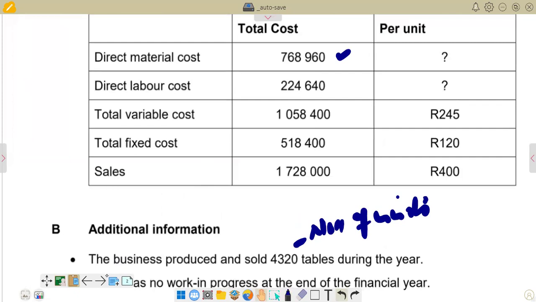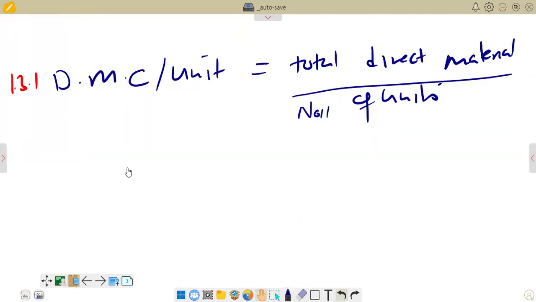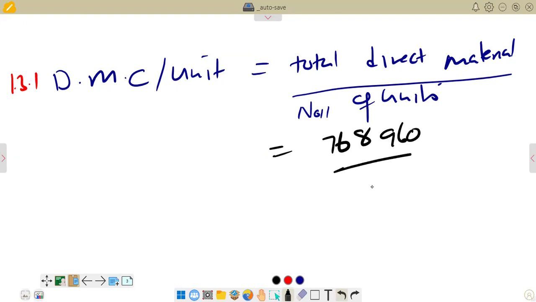So I will go back and make the calculation. It is equal to the total direct material, which is 768,960, divided by the number of units, which is 4,320.